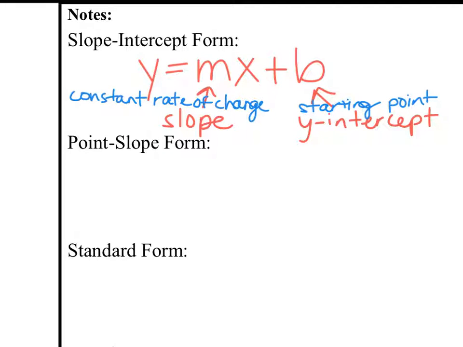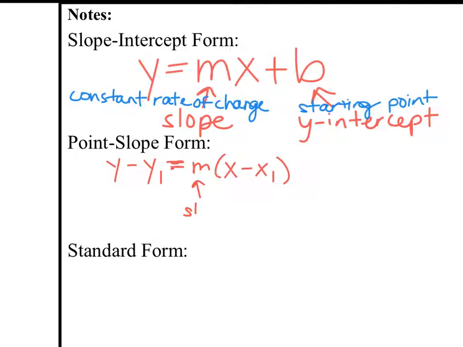Emma? y minus y1 is equal to m times the quantity of x minus x1. Pierre, you want to get that? Okay. And so again, the M stands for the slope.